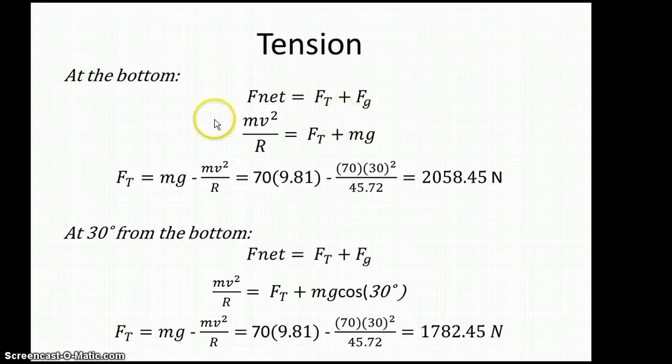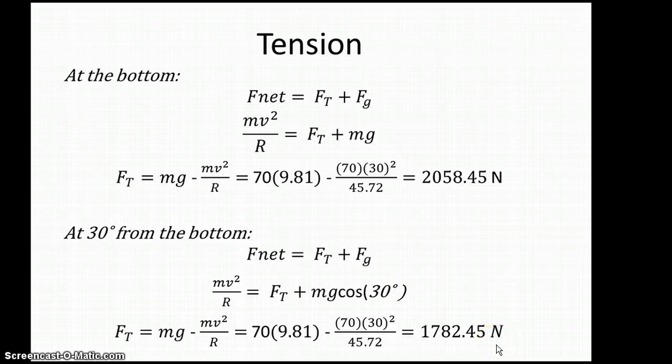By manipulating the equation, we get that the tension force is equal to 2058.45 newtons. We use the same method for 30 degrees from the bottom, but this time the gravitational force is different since it is at an angle, so it's mg cosine 30 degrees. We find that the tension force is equal to 1782.45 newtons.